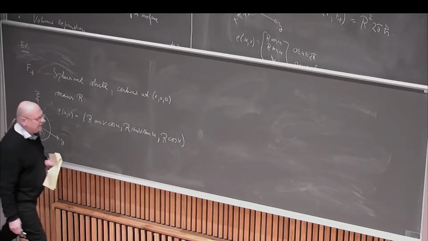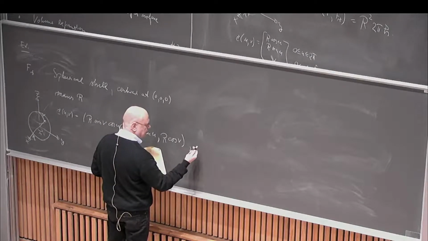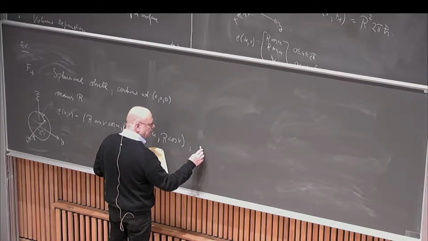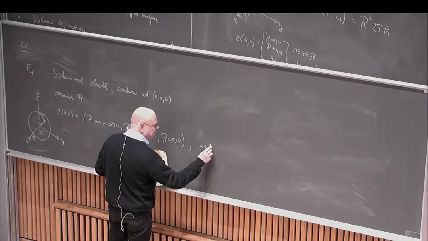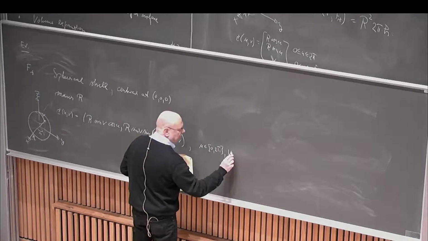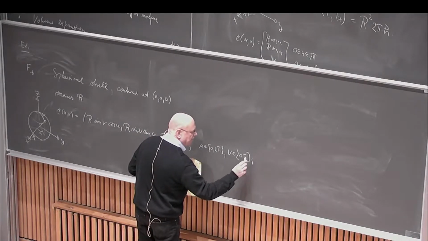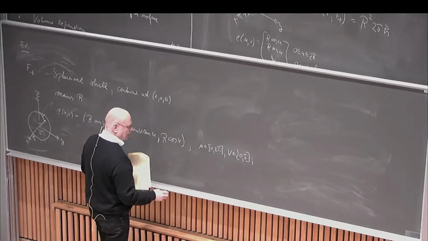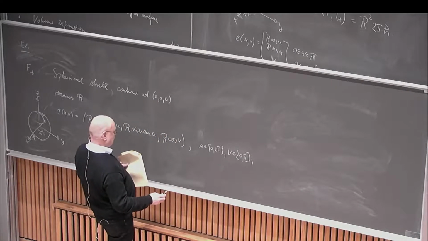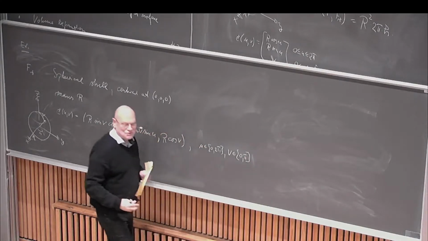So this is the standard, and if you take the limits, u varies from 0 to 2 pi, v varies from 0 to pi. This is it. It's on the surface.